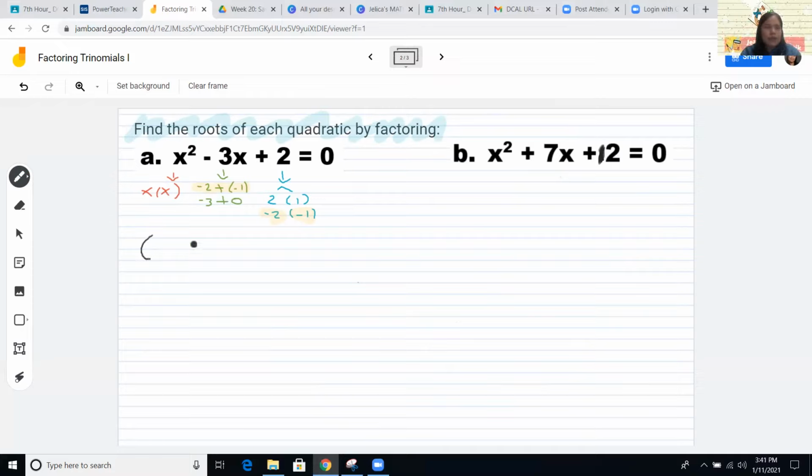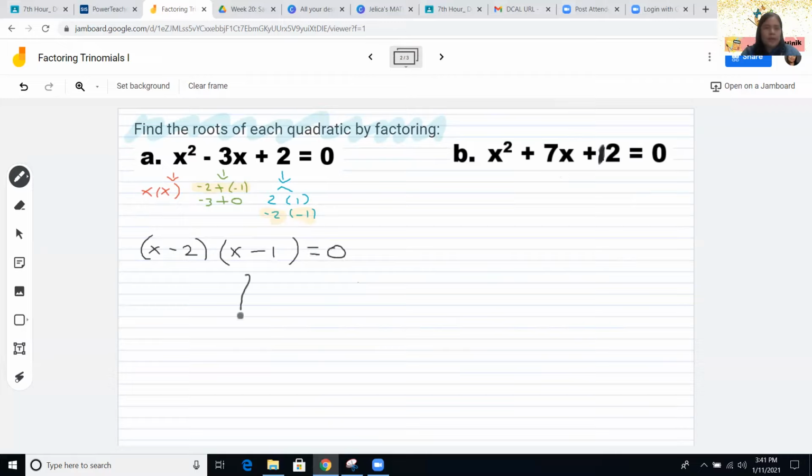Now we'll throw in two groups of parentheses because we have a second degree. And then we'll distribute the x and x in here. Take note, we have -2, so we will use -2 in here. Same with -1, we'll use -1 there. And then we'll equate it to 0.